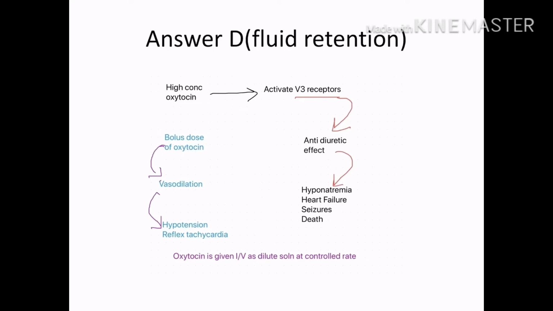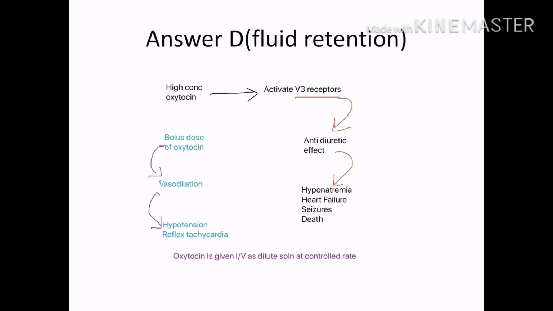Oxytocin activates V3 receptors in the body. V3 receptors have antidiuretic effects. As a result of their antidiuretic effect, they retain fluid. Fluid retention leads to hyponatremia, which leads to heart failure or seizures and can eventually result in death.